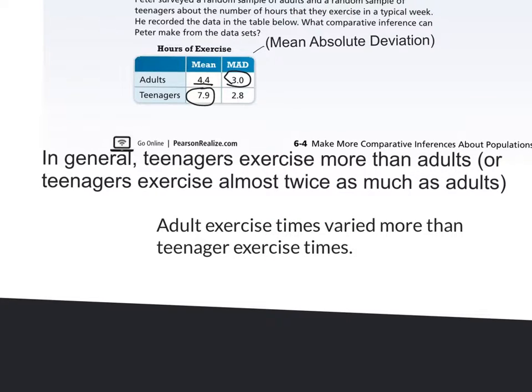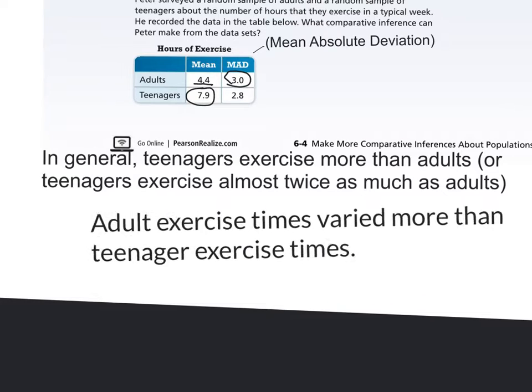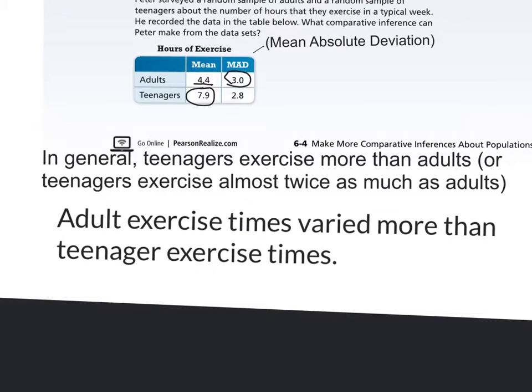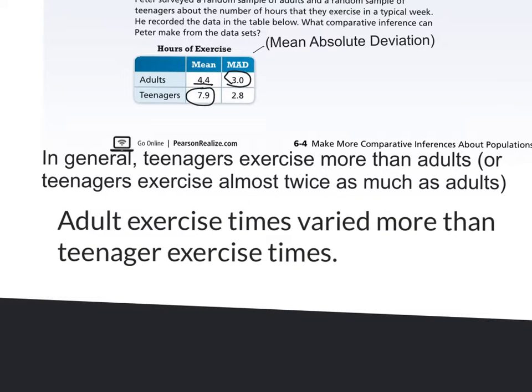Okay, so in other words, if we would draw a dot plot, we would see that the numbers for the adults would be a little bit more spread out than for the teenagers here.